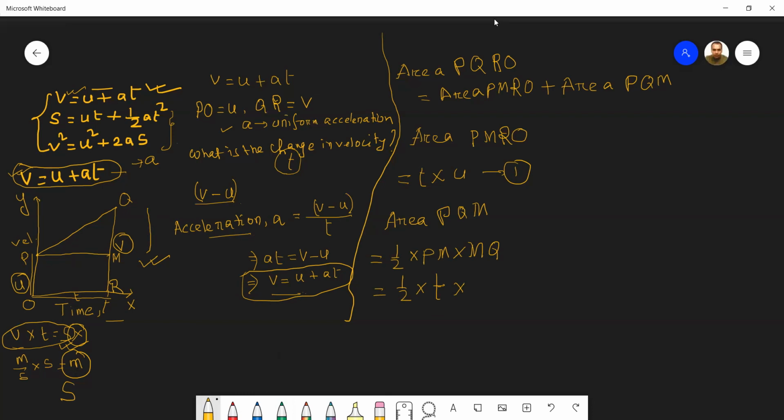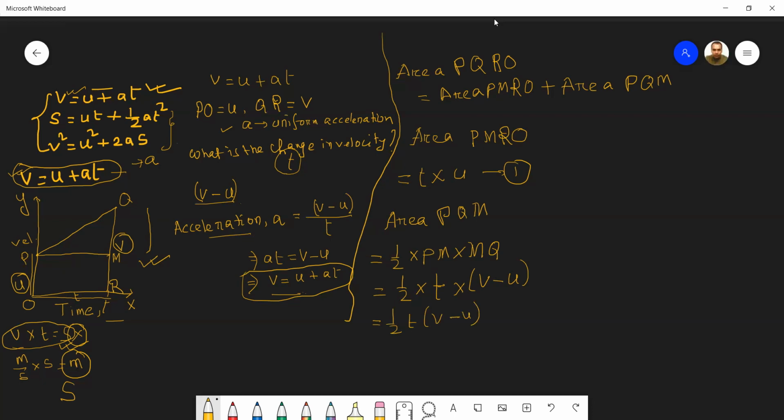Because PO equal to U. So MQ will be RQ minus RM, which is V minus U. Let me rewrite. So half T into V minus U.